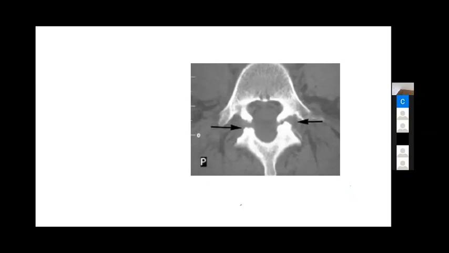Many times when they come back, we do a dynamic view just to see if it is mobile at all, even if it is not united. If it is stable enough, we sometimes discard the collar, but that is the only time we do dynamic views. Otherwise, in a trauma situation, you don't need dynamic views these days because we have CT and MR to decide whether it is stable or unstable.